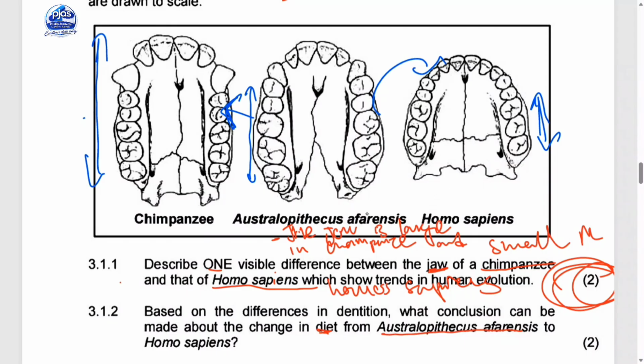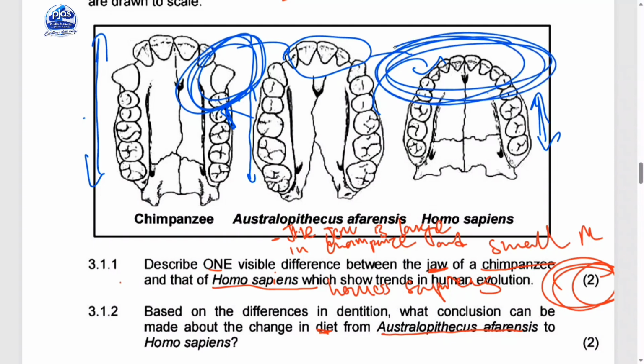And also you can see that now the canines are smaller than those of the chimpanzee, but larger than those in Homo sapien.